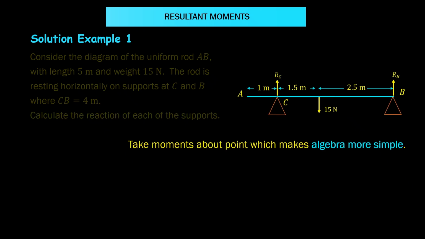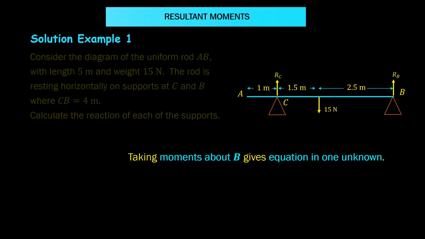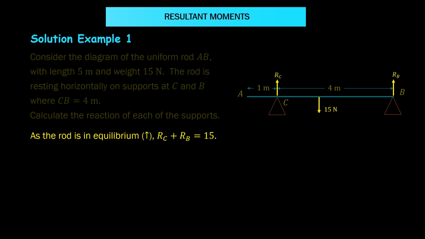It is preferable to take moments about the point which makes the algebra simpler. In this example, taking moments about B gives an equation in one unknown. As the rod is in equilibrium, RC plus RB equals 15, as shown.